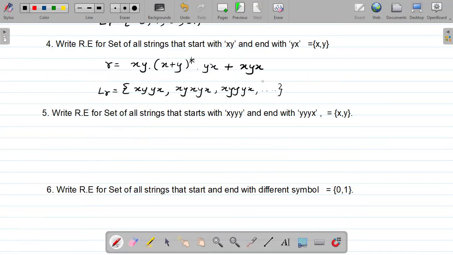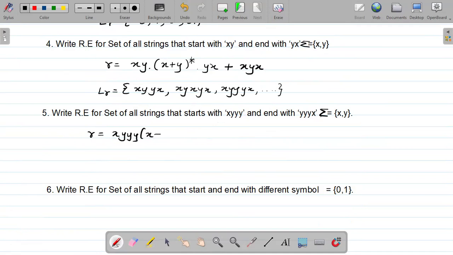Now the next problem: the set of all strings that start with x triple y and end with triple yx, over summation equal to x comma y. So summation is given as x comma y. This is the input given. Here again we should be careful as there is overlapping that is going to happen. First we'll write x triple y, as it is starting with x triple y.